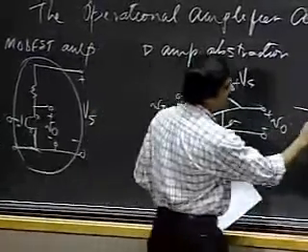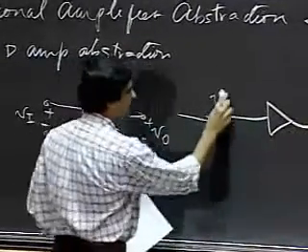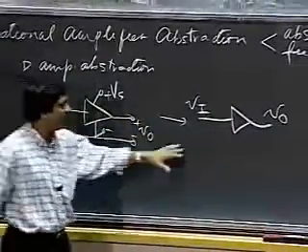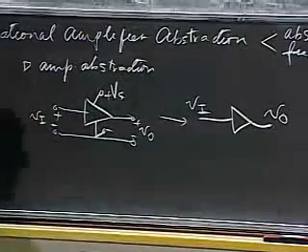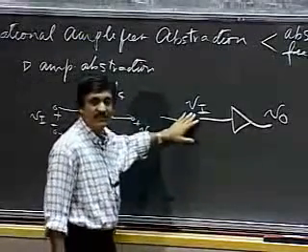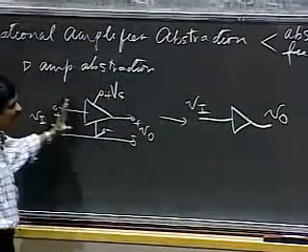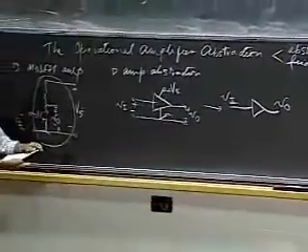And an even simpler version of this for many applications might just look like this. VI and VO, where there is a ground that is shared among them that's implicit in this picture. And VI and VO can simply be the node voltages at these nodes. So this is a progressively more abstract representation of this amplifier.